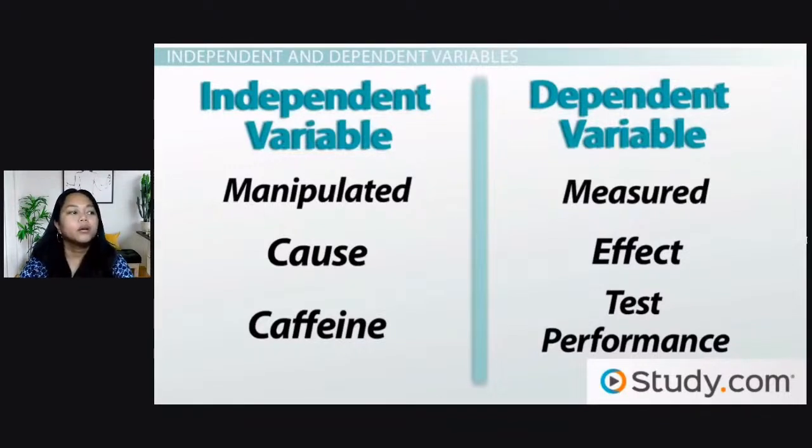Now, next question, what are some of our control variables? Ano yung mga control variables natin, constant variables natin in this type of experiment? What are some examples of our constant or control variables in this type of experiment?